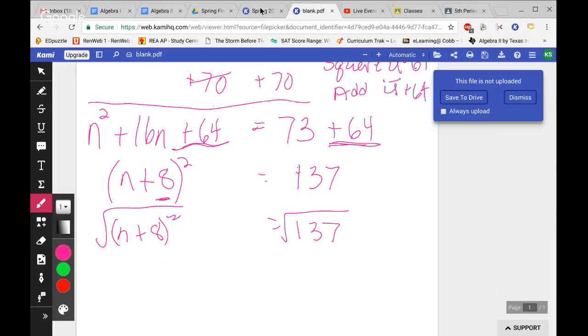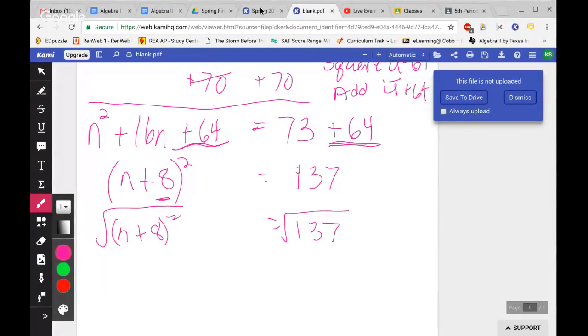It doesn't end in a 5 or a 0, so it's not divisible by 5. And the last two digits, 37, are not divisible by 4, so the whole number isn't divisible by 4. And since it's not divisible by 2 or 3, I know it's not divisible by 6.